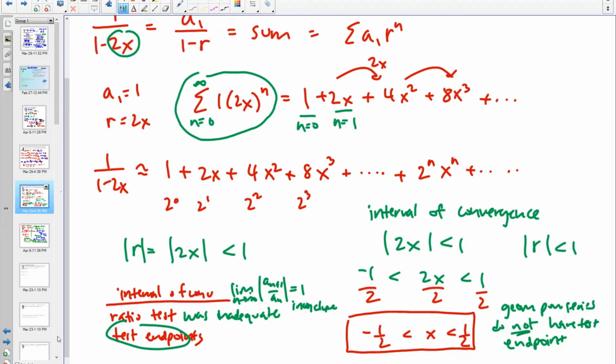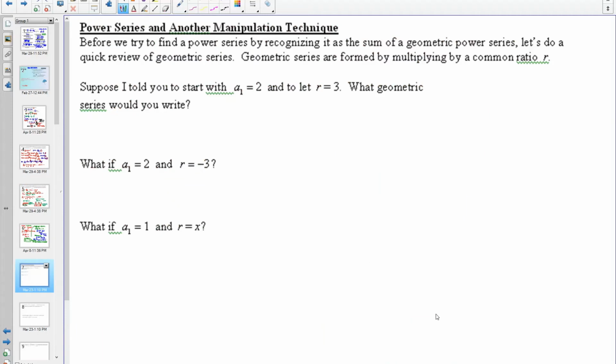All right, so let's look a little bit more into our notes. Suppose I said start with a1 equals 2 and r is equal to 3. What would your series be? That would be my f of x, I guess, or my function is about equal to 2 plus, and then you'd multiply by 3, 6 plus, you multiply by 3, 18 plus, you'd multiply by 3, 54 plus, dot dot dot.